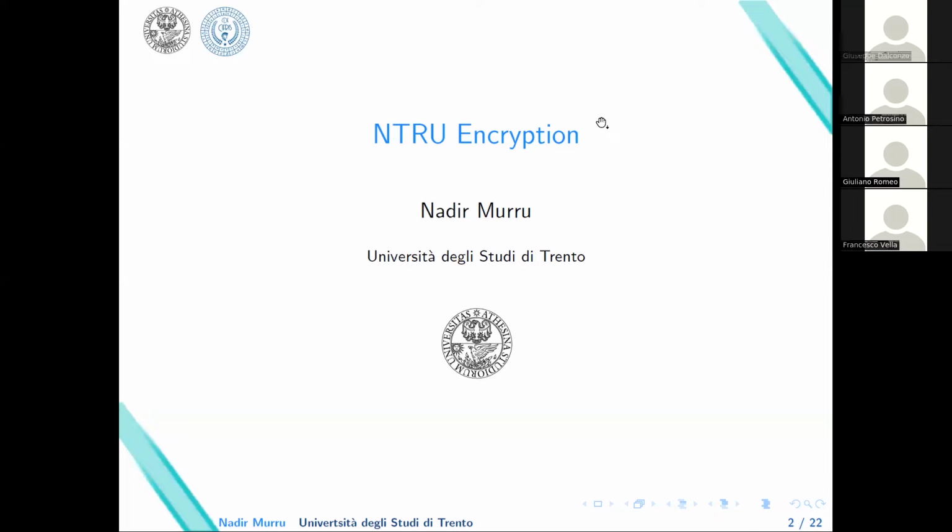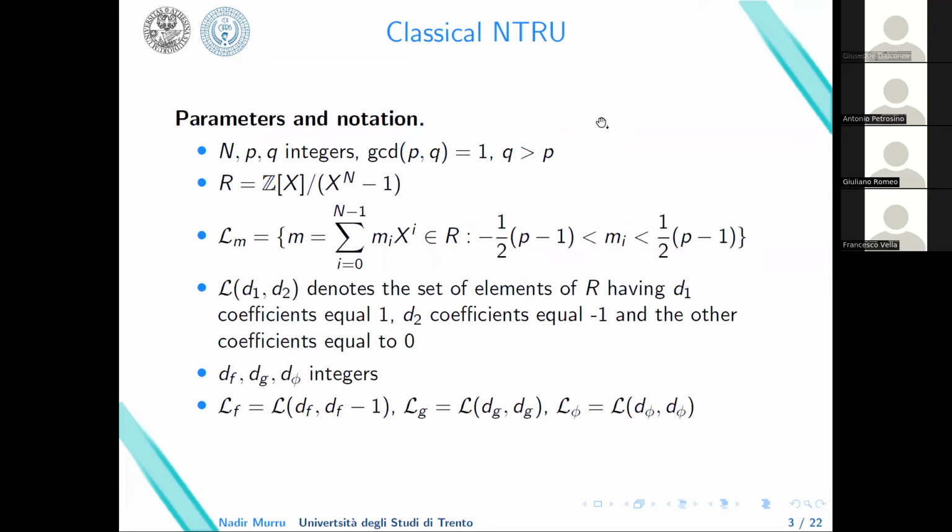But this version in the next competition is a merge of the NTRU Encrypt scheme, which we don't see in this lesson and which is just another modification of the classical NTRU scheme, merged with the NTRU HRSS KEM scheme that we will see in the second part of the lecture. Okay, so we can start with our lesson.